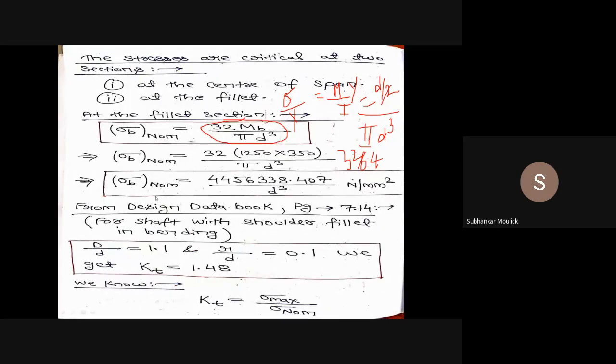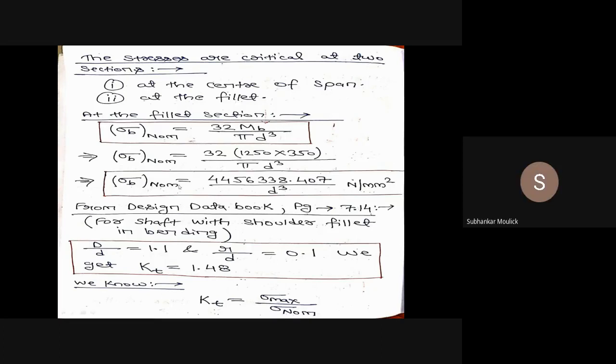So the nominal bending stress at the fillet cross section is, if you multiply this expression, 4456338.407 upon d cube Newton per millimeter square. Is it clear? Sigma bending nominal is 4456338.407 upon d cube Newton per mm square.